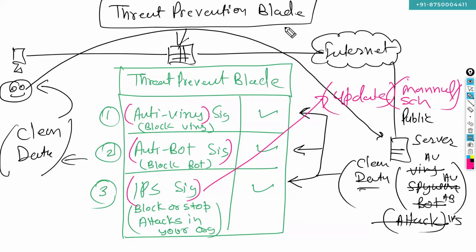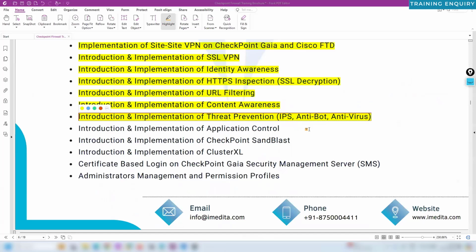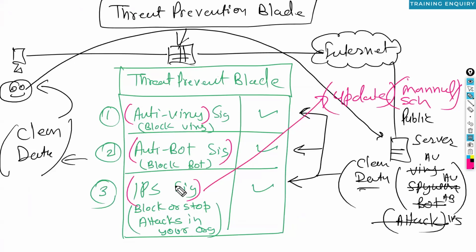So what the threat prevention blade is doing here is enabling IPS signatures, anti-bot, and antivirus signatures, so that any kind of virus, bot, or attack should not enter our organization. They should be stopped or blocked by the firewall when they try to enter our organization.